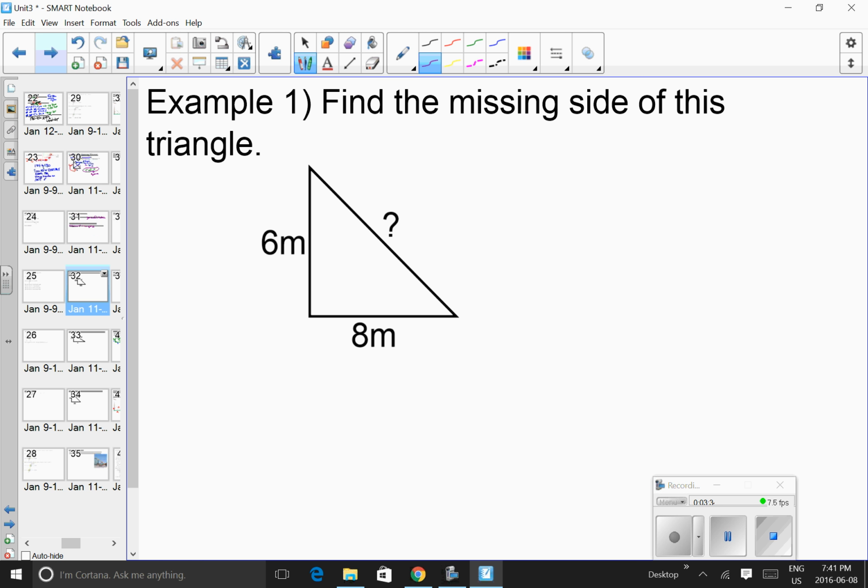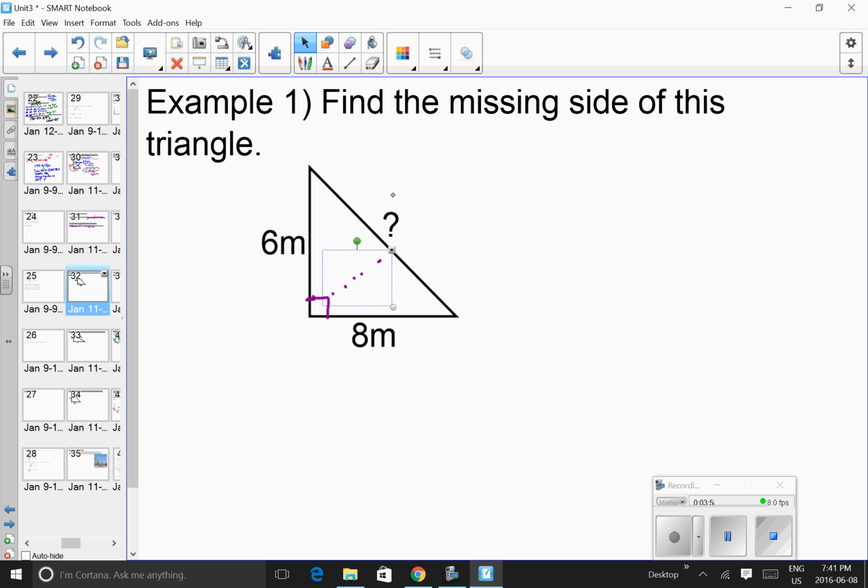So first, finding the missing side. So in this case, sorry, there should have been a little square there telling you that it's a right triangle. And we should start by labeling this triangle. So we can see that across from it is this side here, the question mark one.